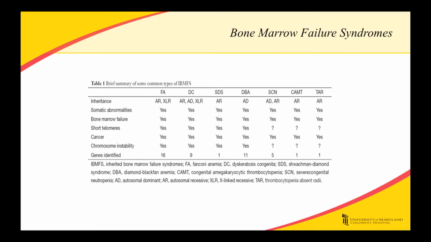They all tend to have a predisposition to cancer. So if they have an eligible sibling or somebody for a transplant, we do try to transplant them, depending on the clinical situation. Chromosome instability, and then some of them actually have some genes identified, so that can help you confirm your diagnosis with your clinical findings.